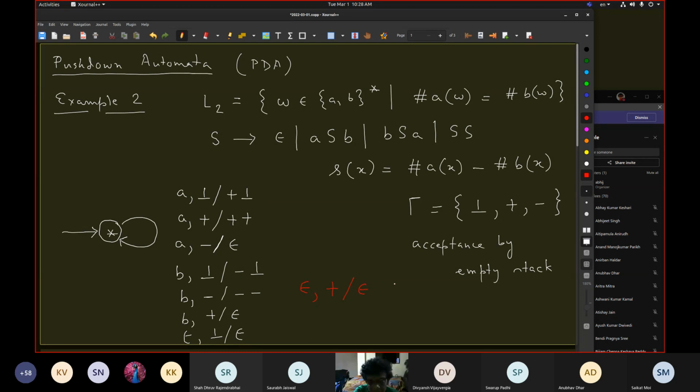Then this will accept L3 and precisely L3. This is for getting rid of the excess pluses, whatever the surplus value is at the end of the string. This is the extra transition rule that I apply, and then it will accept L3 instead of L2.